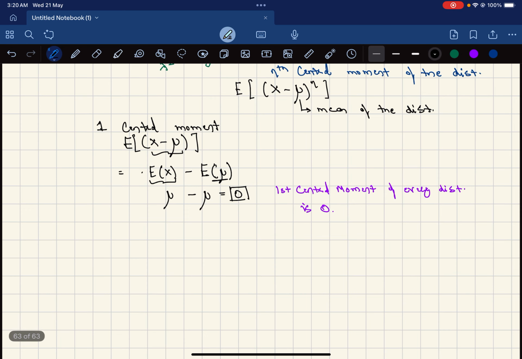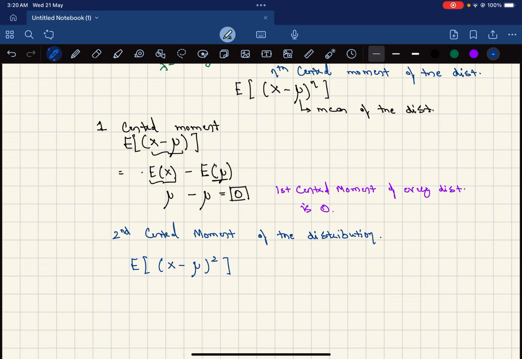Now we can also look at an example where we are trying to calculate the second central moment of the distribution. So let us say we want to calculate the second central moment, which is calculated as the expected value of (X minus mu) whole square.